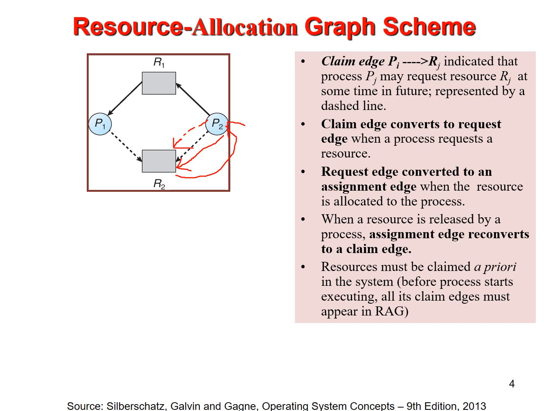Resources must be claimed a priori in the system. That is, before the process starts executing, all its claim edges must appear in the resource allocation graph.